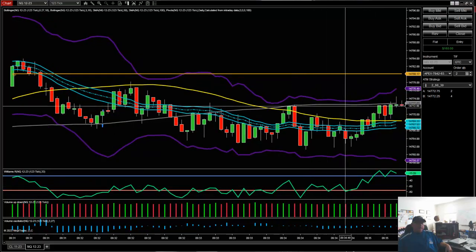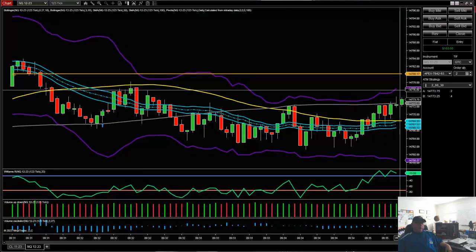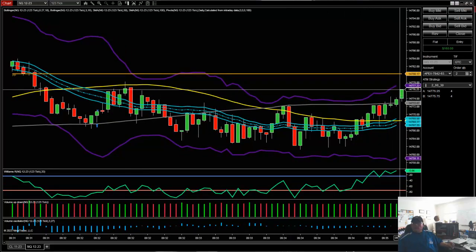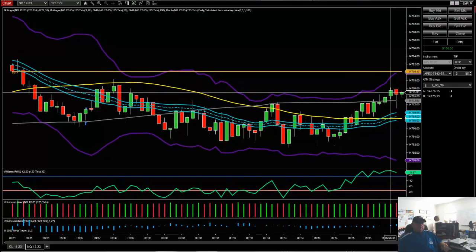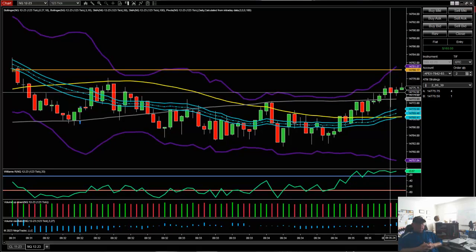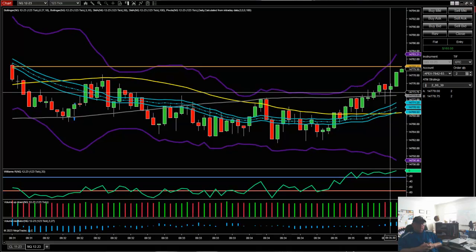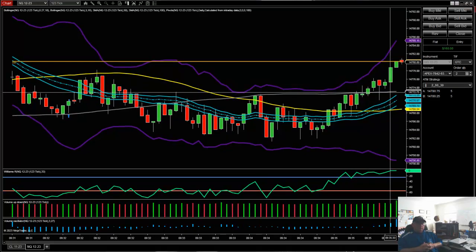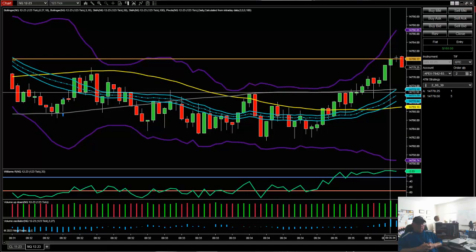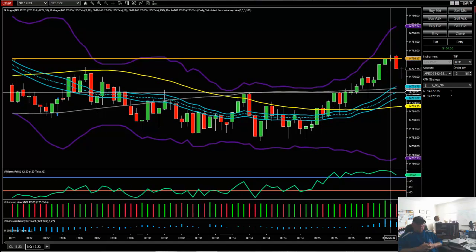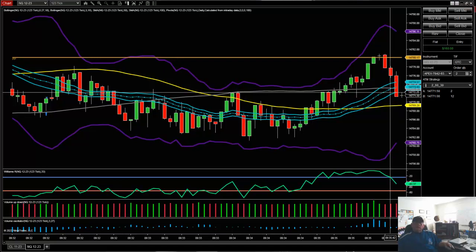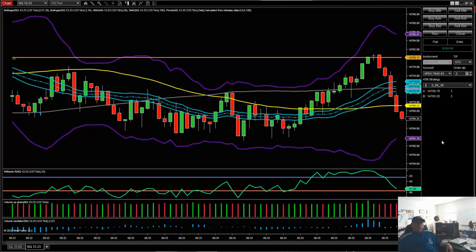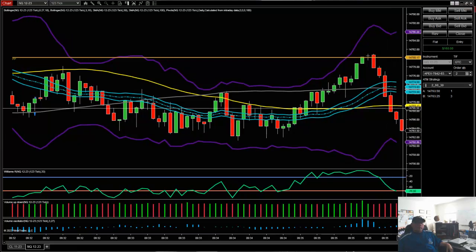Looking at Williams percent R. I'm thinking about one more trade at the open right now. All right, so we've been up there. Oh, that was a downward move. That went away.